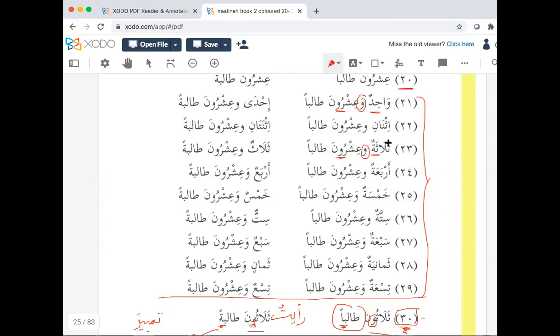The other thing to notice is that between the 3 and 9, between 3 and 9, you'll notice that the first number يخالف المعدود. 23 طالبة. 23 students. 24 طالبة. 26 طالبة.